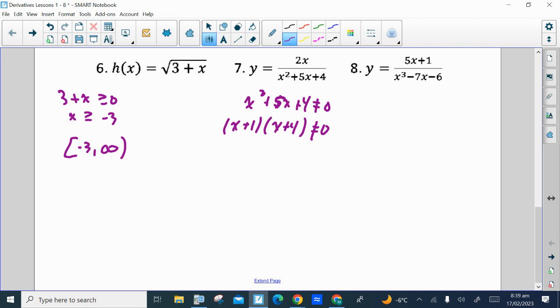So this expression will equal 0 when each factor equals 0. So x plus 1 cannot equal 0, so x cannot equal -1. And x plus 4 cannot equal 0, so x cannot equal -4.